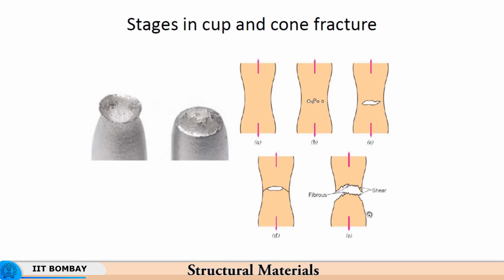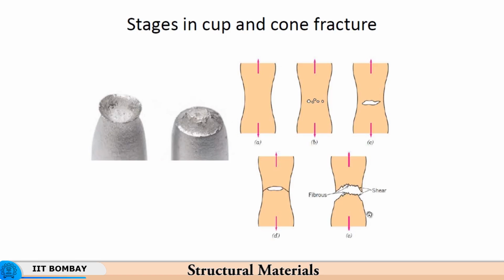So the strain in the material tends to get progressively localized in this region, which is a relatively thinner region, meaning the region which has reduced in cross section faster compared to the remaining areas in the neighborhood. Now because of high strains, voids tend to get nucleated at the center.